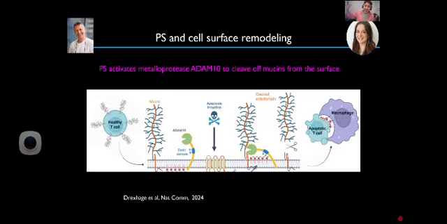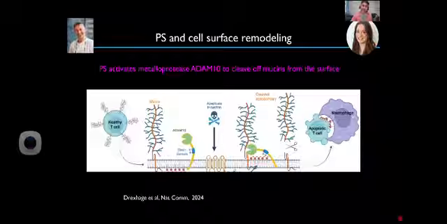And when the mucins are gone, cells become more accessible by the phagocytes. That is how they can kill, not kill, clear the apoptotic cells. So this shedding of the big forest is really important, and ADAM10 is a big player in shedding the forest, and PS is a mechanism where ADAM10 can be activated.